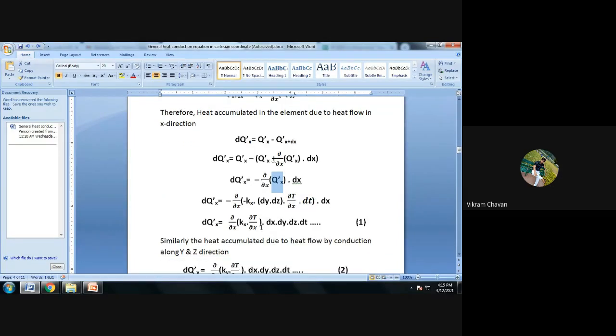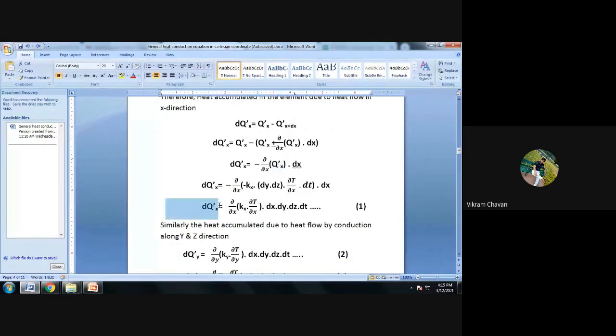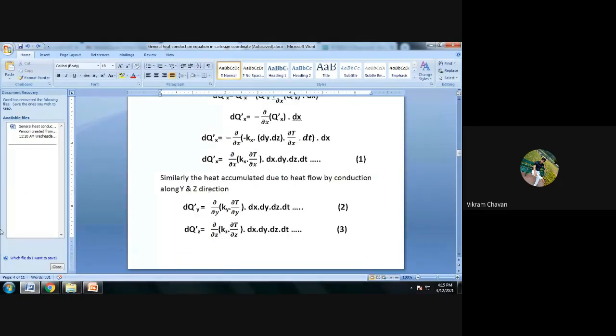Okay, similarly we will get this equation for dq dash suffix x, and similar kinds of equations we will get after doing the same procedure for the y direction and z direction. So we will get equation number 2 for the y direction and equation number 3 for the z direction.